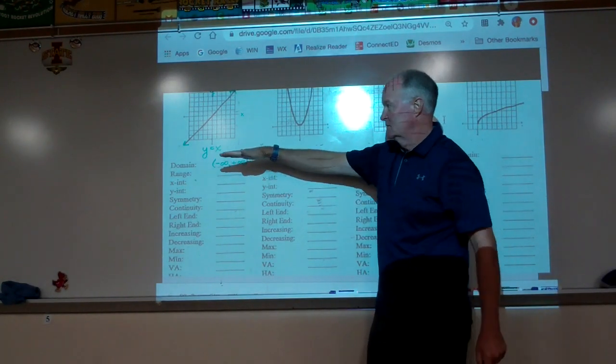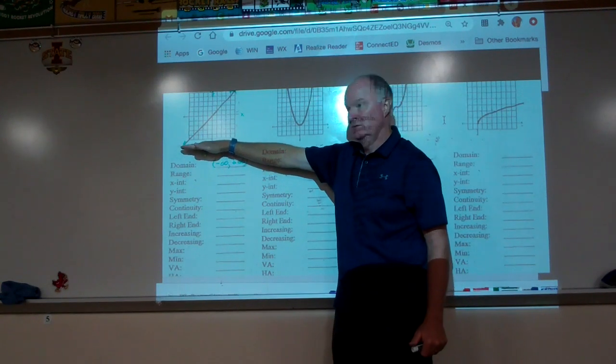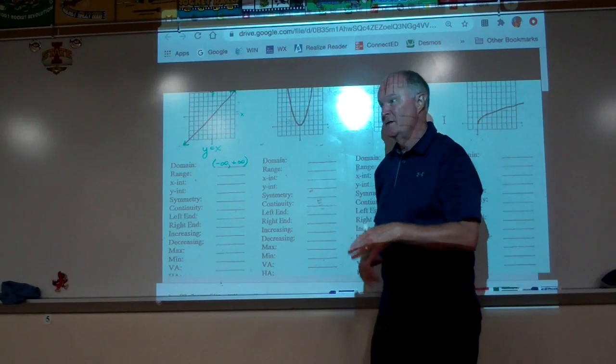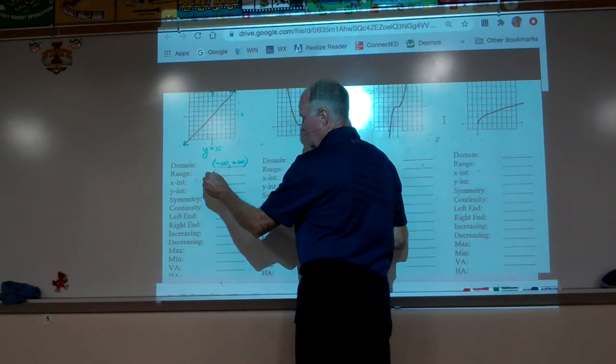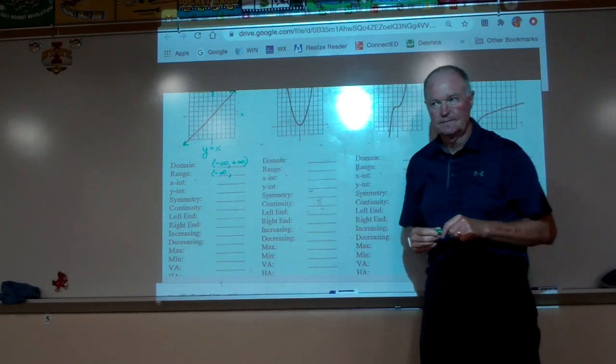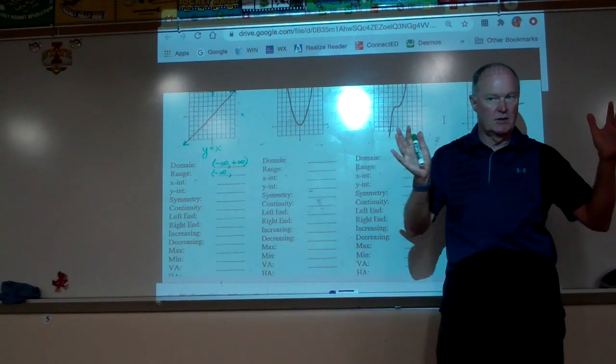The range. I'm now going to start on the bottom. The first thing I run into is an arrow on the bottom. Arrows on the bottom, that y value is negative infinity. This interval notation is like a number line.